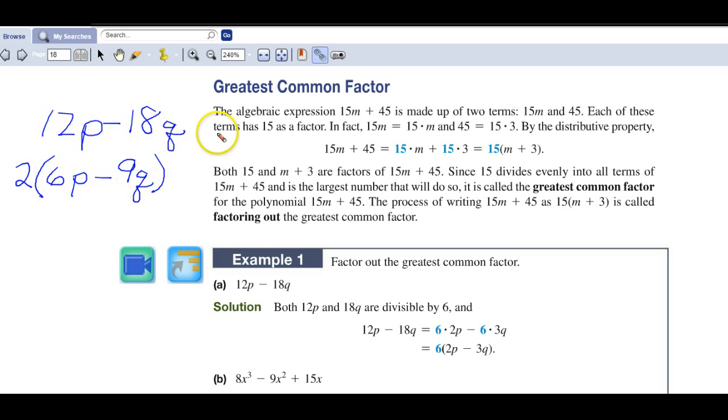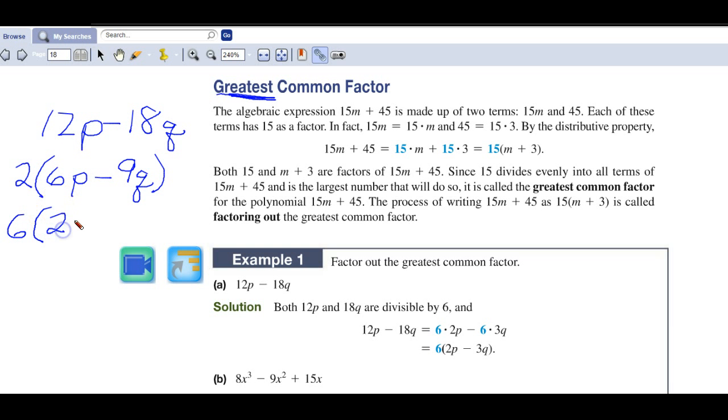But have we taken out the greatest common factor? You can tell that by looking inside the parentheses and seeing you can still take a 3 out of there and a 3 out of there. So actually my greatest common factor that I should have taken out would have been a 6.